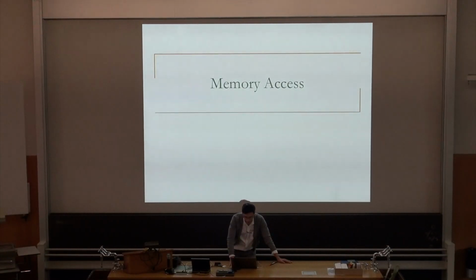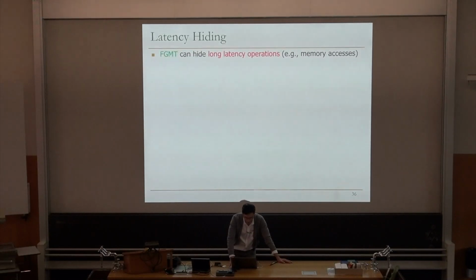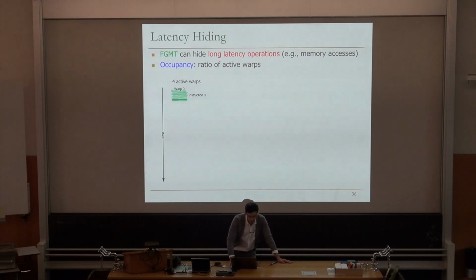So let's start with the memory access, and let's recall what's the latency hiding that we can achieve using the fine-grained multi-threading architecture. To do that, we need to ensure that the occupancy is high enough. At least this is the very first way of doing that.